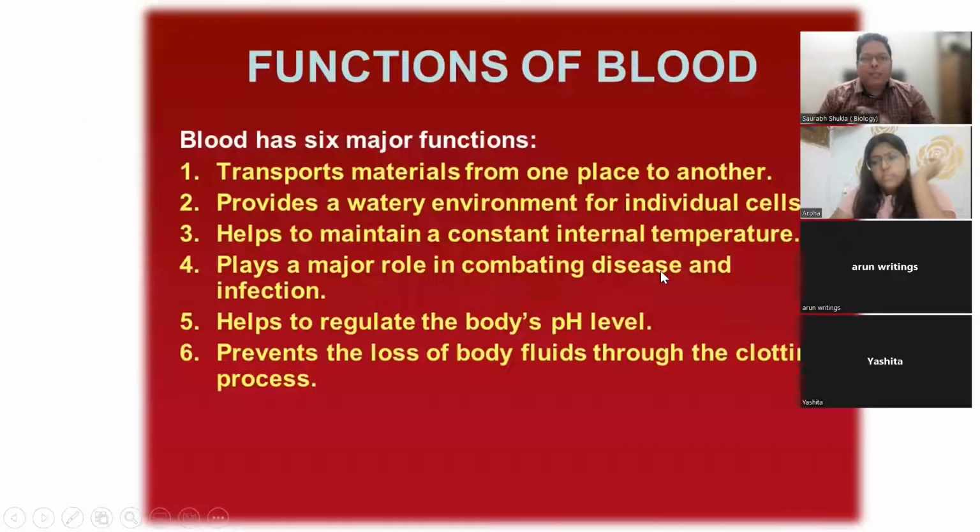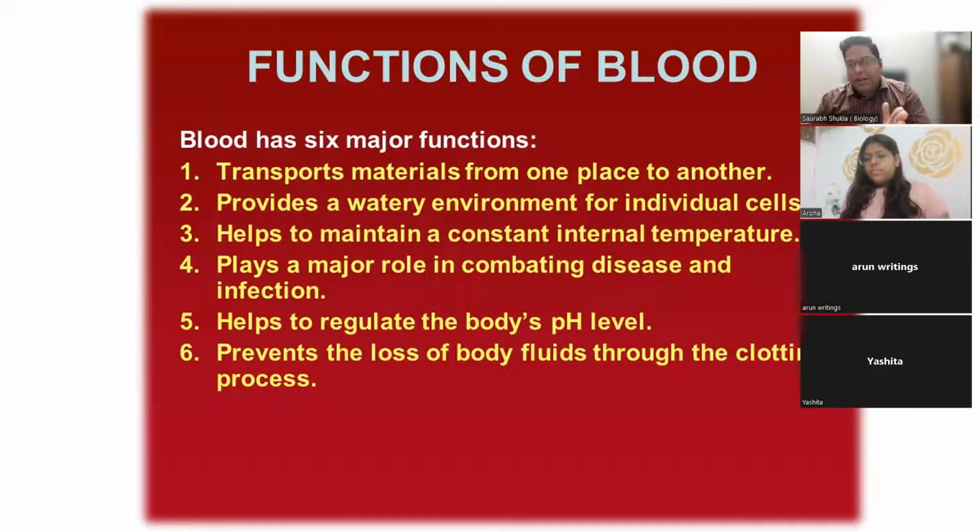So child, these are the major functions. First, as Yashita also informed us, it transports materials from one place to another. It provides a watery environment for individual cells. It helps maintain a constant internal temperature, plays a major role in combating diseases and infection, helps regulate the body pH level, and prevents loss of blood through the clotting process.